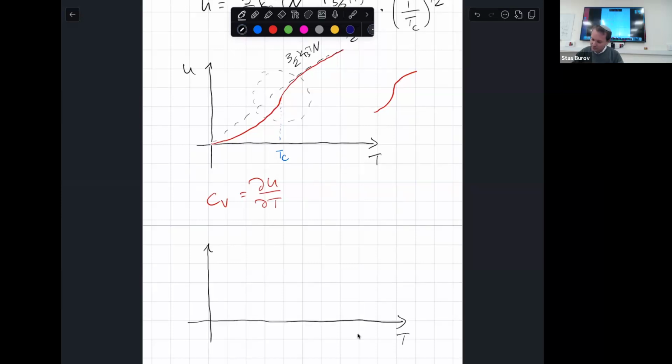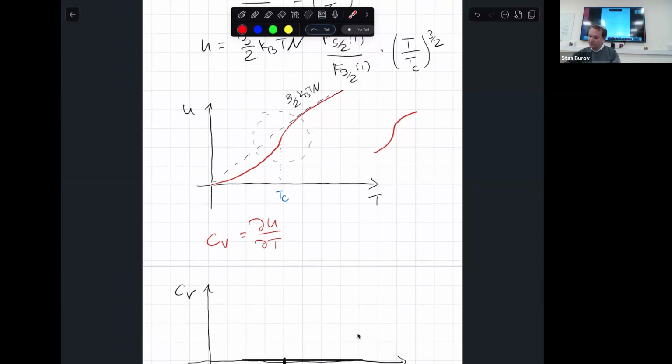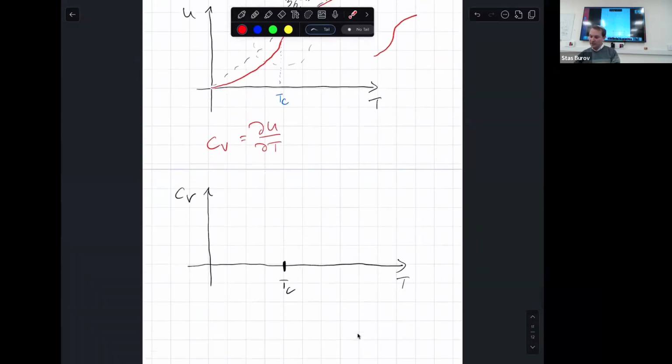So this is temperature, this is C_V. I know that something peculiar will occur at T_C. When you take the derivative, you'll get this part, and this T to the power of 1/2 divided by something.